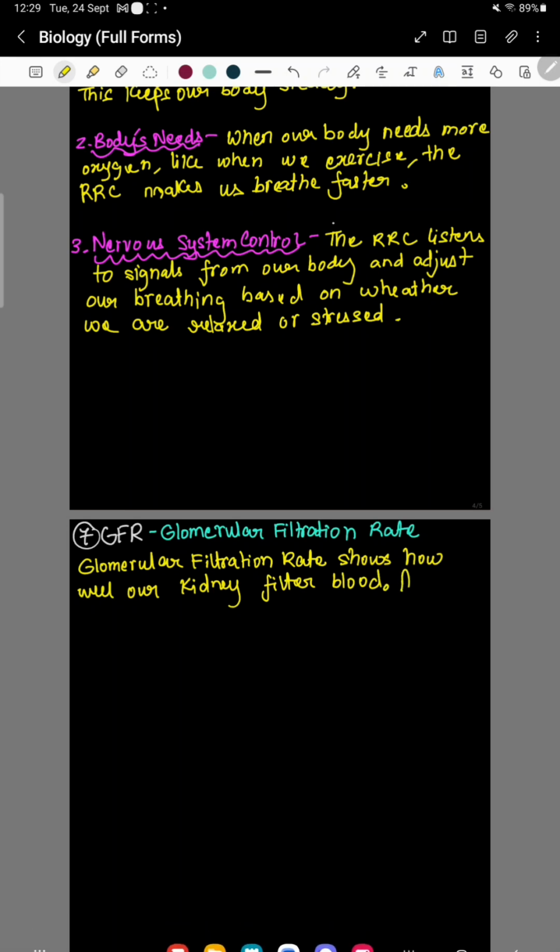A normal GFR is about 90 to 120 milliliters per minute.